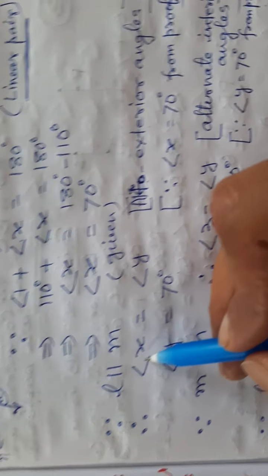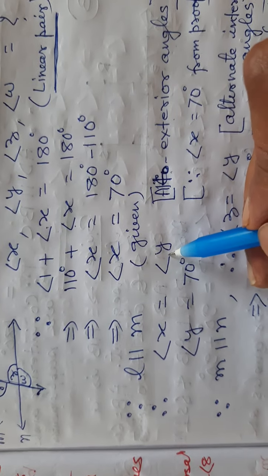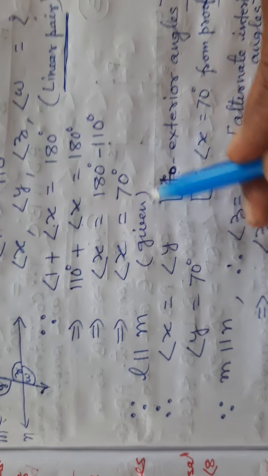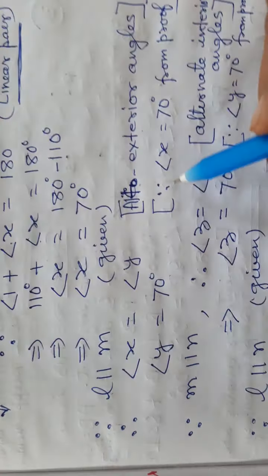The angle X is equal to angle Y. Angle X is 70 degrees, so angle Y is equal to 70 degrees.